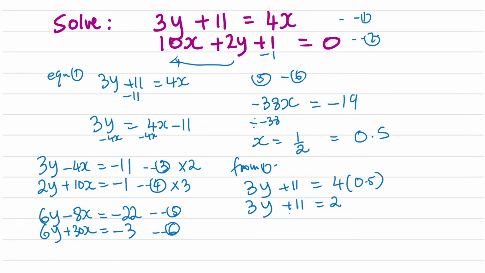If you rearrange this, take away 11, you have 3y equals 2 take away 11. That will give you negative 9. This means y is going to be equal, divide both sides by 3, negative 9 divided by 3, which is negative 3.